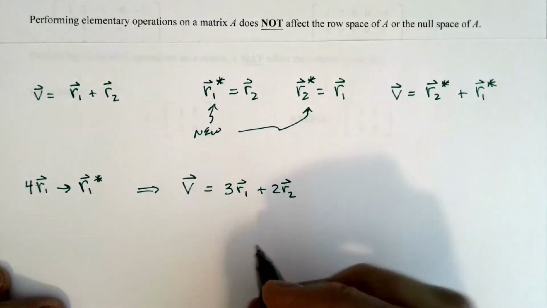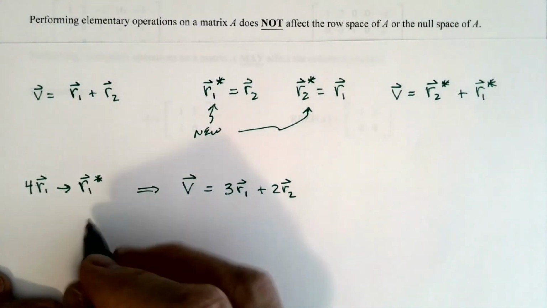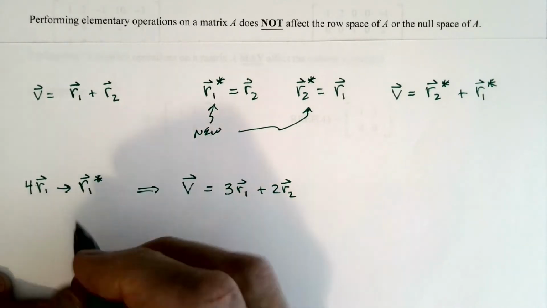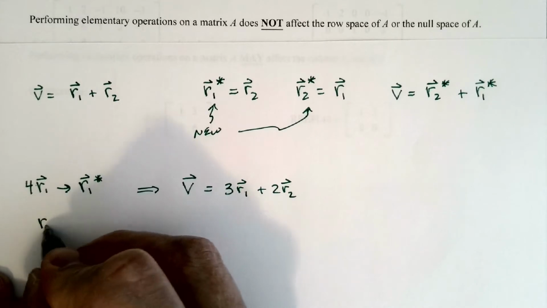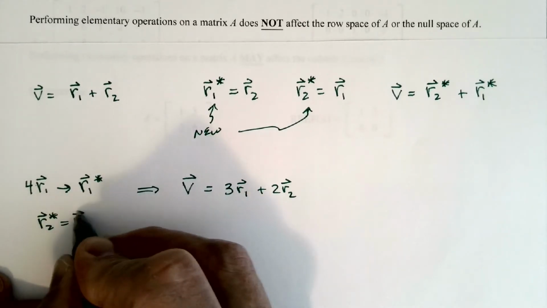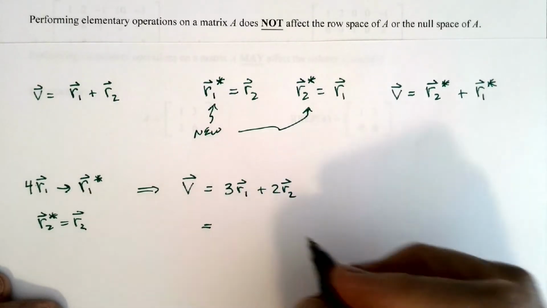So here's v in terms of row 1 and row 2. What are our new ones? The new row 1 star is 4 times row 1, but the new row 2 star is the same. That doesn't change. That's still row 2. So can I write v in terms of that?